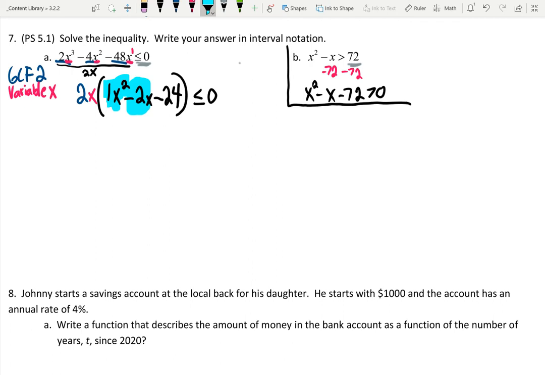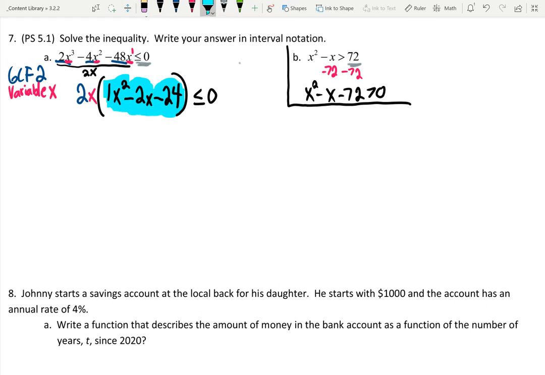Again, negative 48 divided by 2 is negative 24. Now, the reason I want you to think about it as division is because that's essentially what I did. I pulled it out. Now, I have a quadratic.